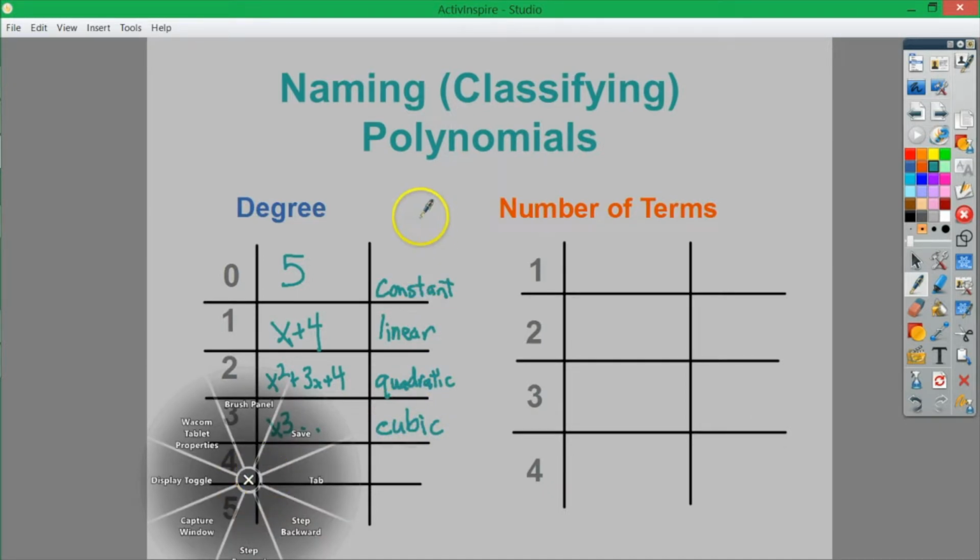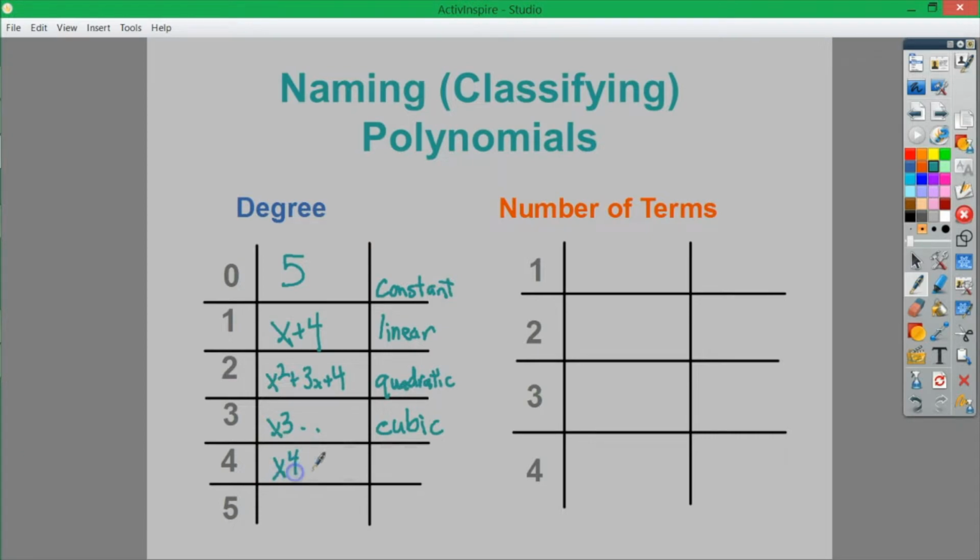If I have x to the fourth plus x squared minus 1, or whatever it happens to be, I'm going to refer to that as a quartic. And then finally, if I have x to the fifth, I'm going to consider that to be quintic. And it goes on and on and on.